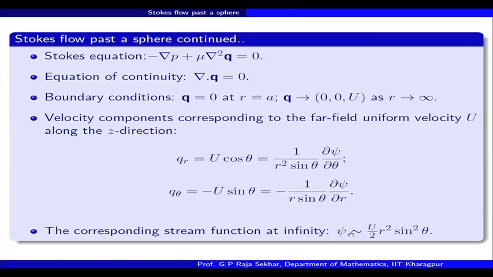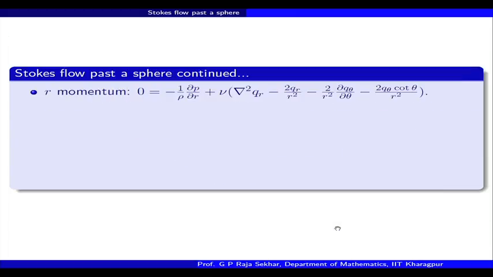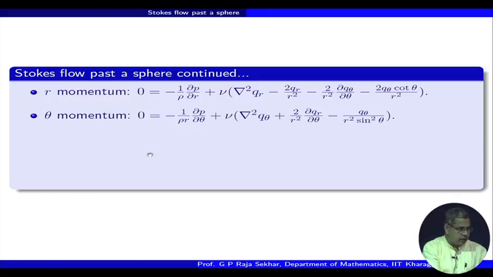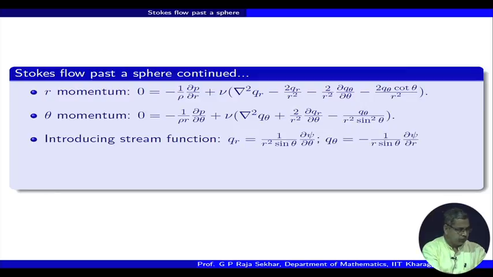Why do we have to reduce it? Because we are solving the problem in terms of the stream function. Now, consider the r momentum equation and the theta momentum equation, because we are talking about axisymmetry. Now introduce the stream function. The procedure is the same. What did we do to get the corresponding governing equation? We considered the component form, eliminated pressure, and substituted the definition of the stream function and velocity.